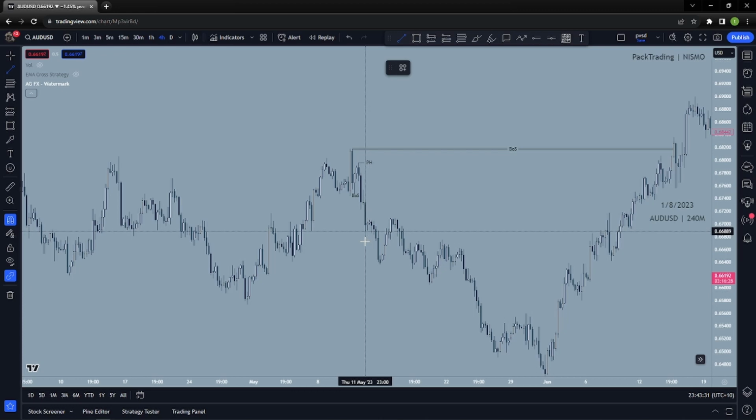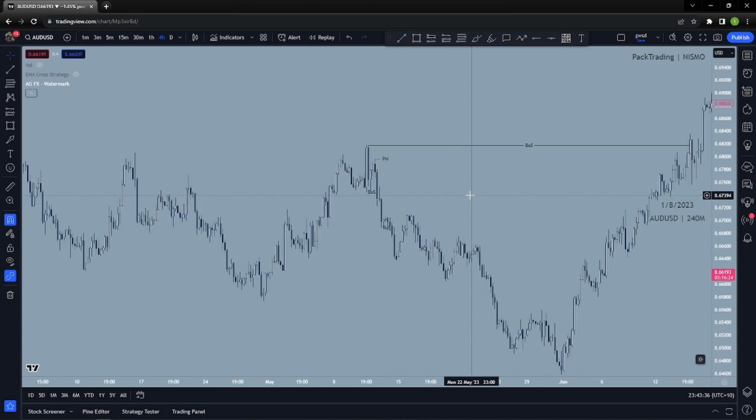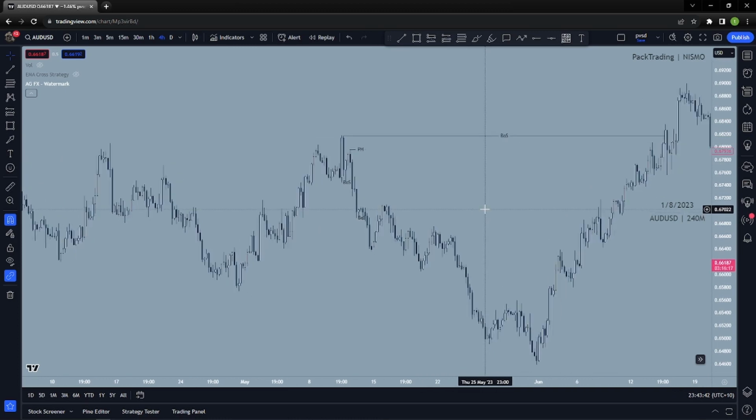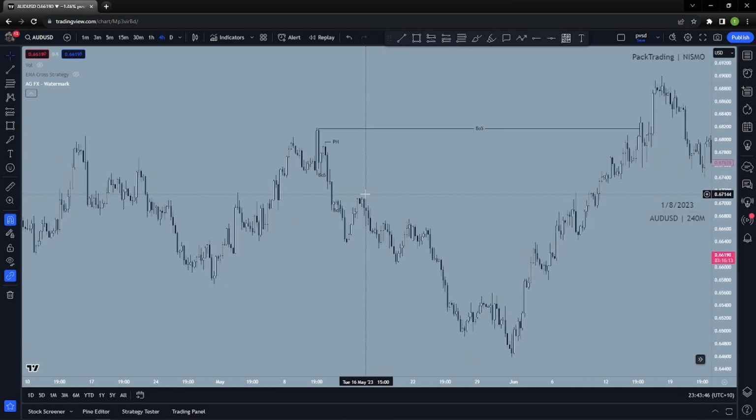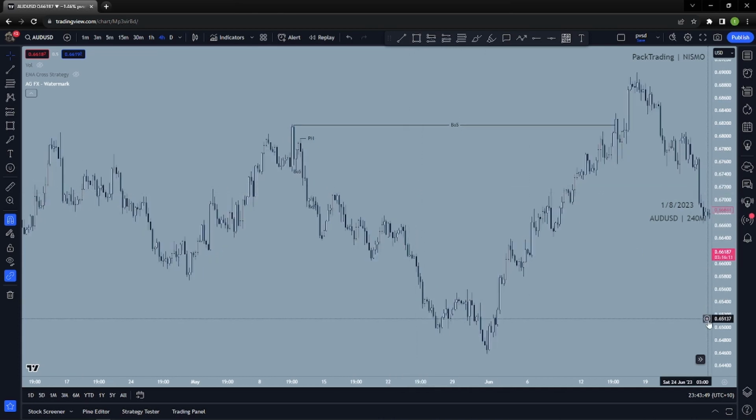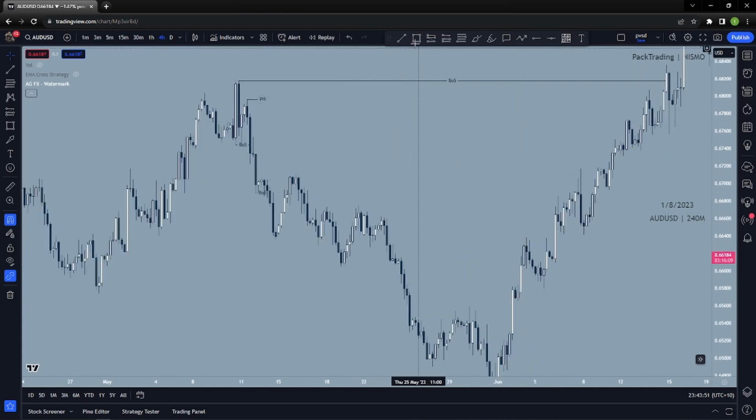So let's continue. Now your internal could be with wicks, candle closure, whatever. It could be just wick closure or just candle closure, depending on how your strategy is. So I will show you an example of what I mean. Before I do that, this would be your protected high.